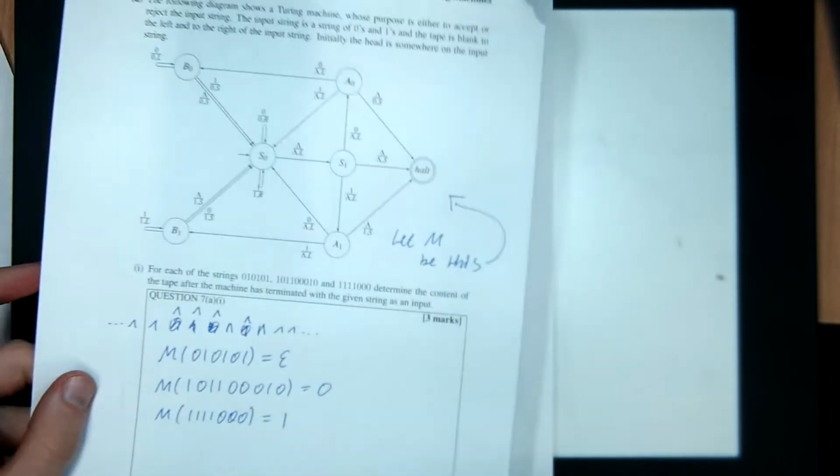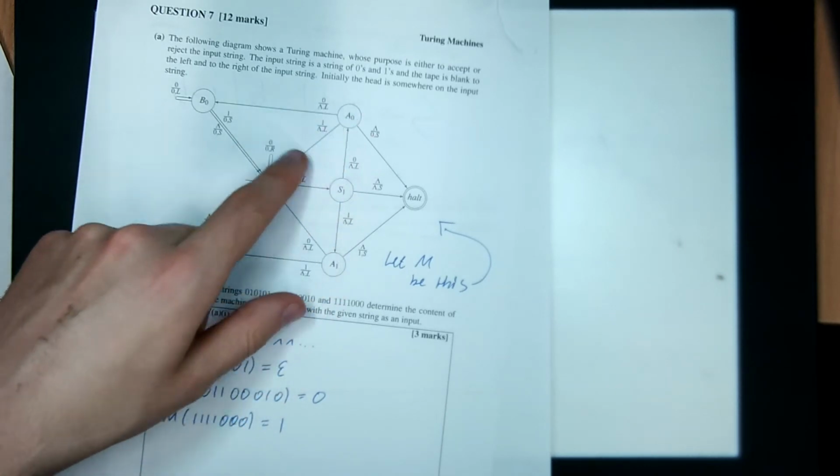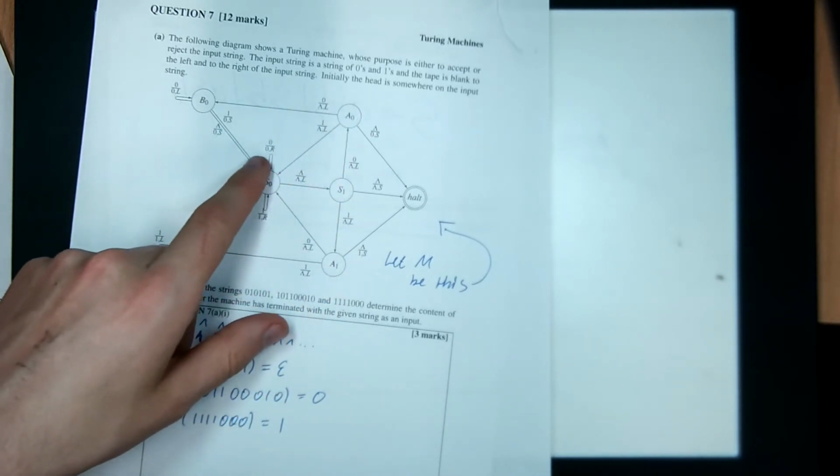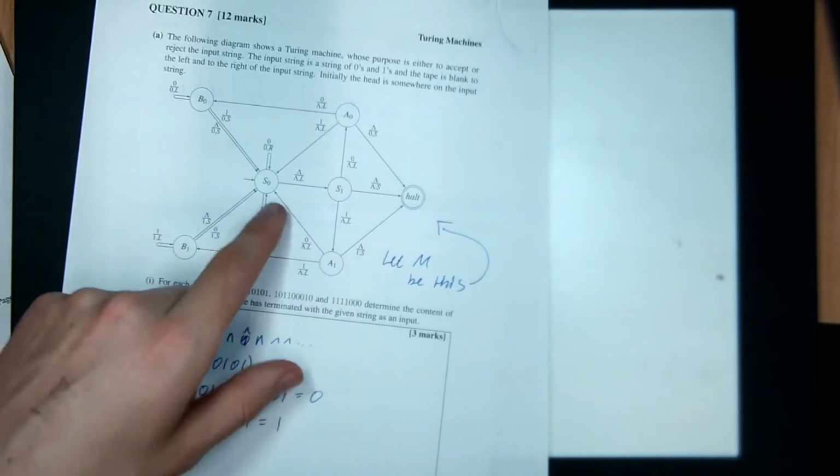Explain, no formal proof required, why the machine will always terminate regardless of the given input string. So how this machine works is it basically destroys a 0 and then overwrites a 1 or just deletes the 1, or it deletes a 1 and either destroys or overwrites a 0.